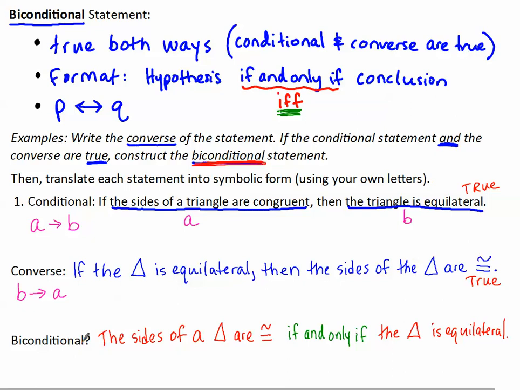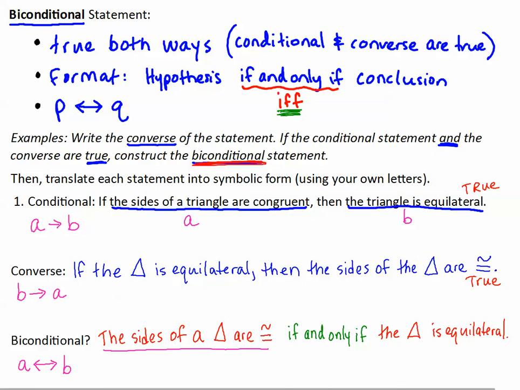Now, since it goes both ways, it doesn't really matter which letter we begin with. However, because I began with the sides of a triangle are congruent, and that's the A statement, we do need to follow that order since we're translating. So A, double arrow, and then B. Now it's your turn.